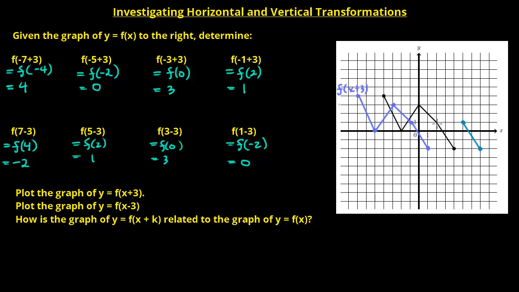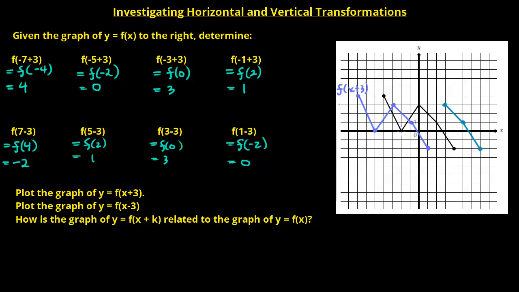I have a shift of 3 units to the right. So if you want to graph f of x minus 3, if we continue this trend, you'll see that all of these points get shifted 3 units to the right. So if I want to figure out where this point is on the graph of f of x minus 3, I can just look at the graph of f of x and shift this point 3 units to the right.